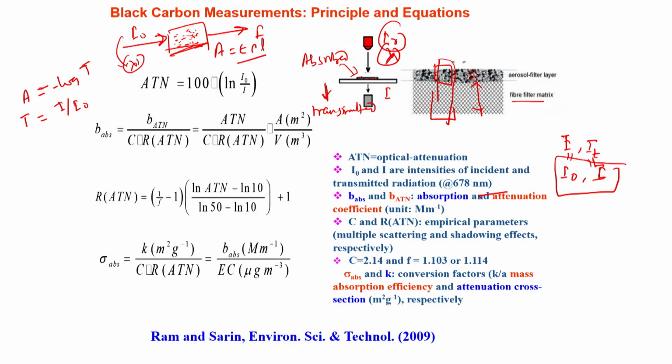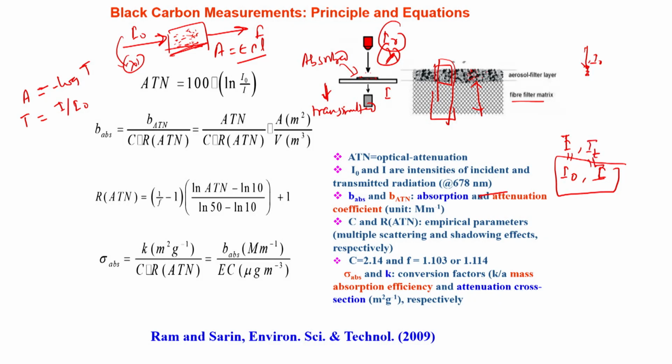Now what will happen here? You have one black carbon particle, below it another particle, and another below that. When I0 is falling, the first black carbon particle sees the full incident radiation, but this particle has already absorbed some of the solar radiation.